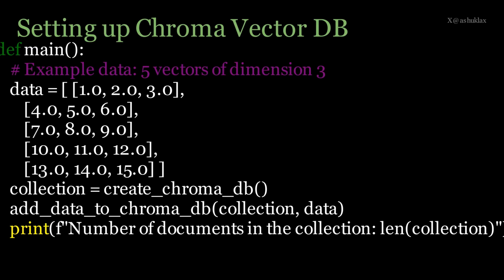This function adds the data to the Chroma collection and prints the number of documents in the collection. So in summary, this main function creates example data consisting of 5 vectors. Then it uses the create Chroma DB function to create a Chroma collection, and then it adds the data variable we just created to the collection using the add data to Chroma DB function. And finally it prints the number of documents in that particular collection.